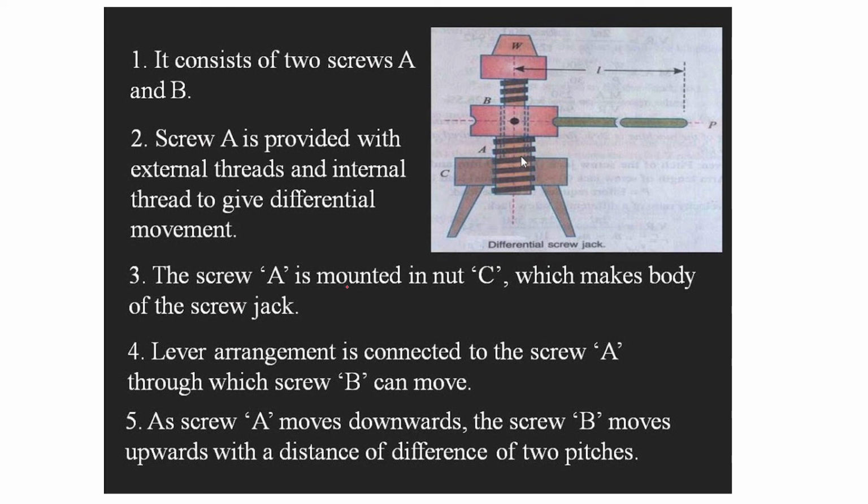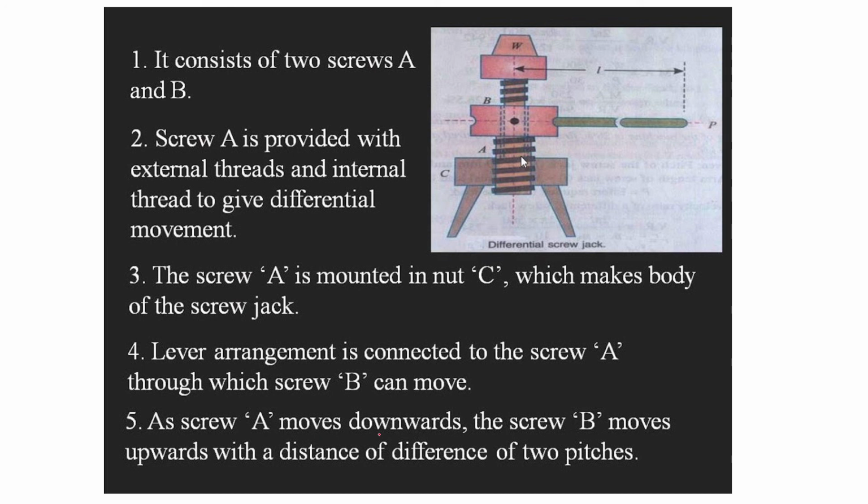The screw A is mounted on nut C. This is nut C, which makes the body of the screw jack. The lever arrangement is connected to the screw A, through which the screw B can move. So this screw B is fixed in the internal threads of A, and that is how it can move inside and upward.